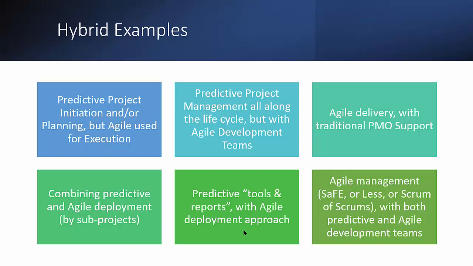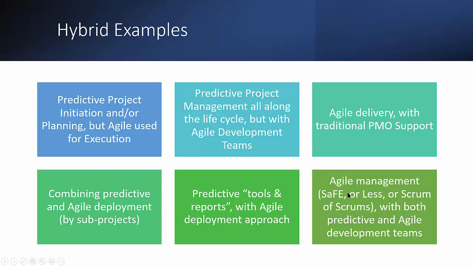Scrum itself doesn't have a risk management process embedded in it because it's counting on the fact that the changes are absorbed by the process. Instead, I may decide that there are business-related risks or whatever that I want to manage separately, so I will have my risk register, my risk management processes. That would be a predictive tool that I am using, and I'm using it on top of an agile approach.